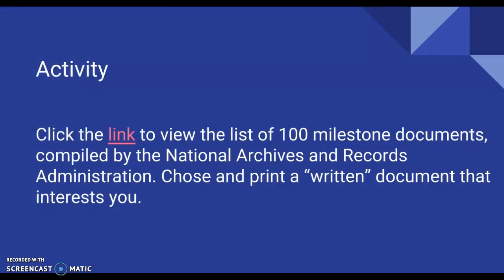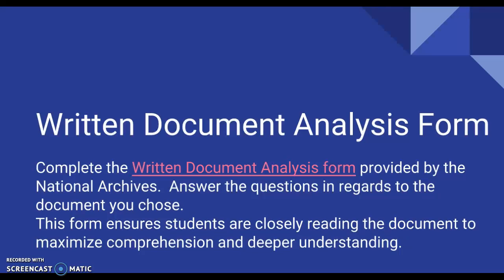The next activity is to click the link that will take everyone to a list of the 100 milestone documents in American history compiled by the National Archives, and they are going to choose a written document that is of interest to them and print it off. Then they're going to complete the written document analysis form provided by the National Archives.